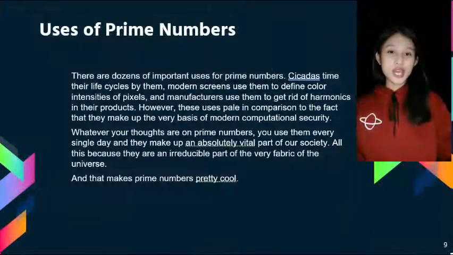In today's society, most people do not know that we currently use prime numbers heavily in a lot of things, and that includes how manufacturers remove harmonics on products, which really saves the produced stuff. Humans also use them on modern screens to define the colors through internal calculations, and not only we humans use them but animals and insects as well.